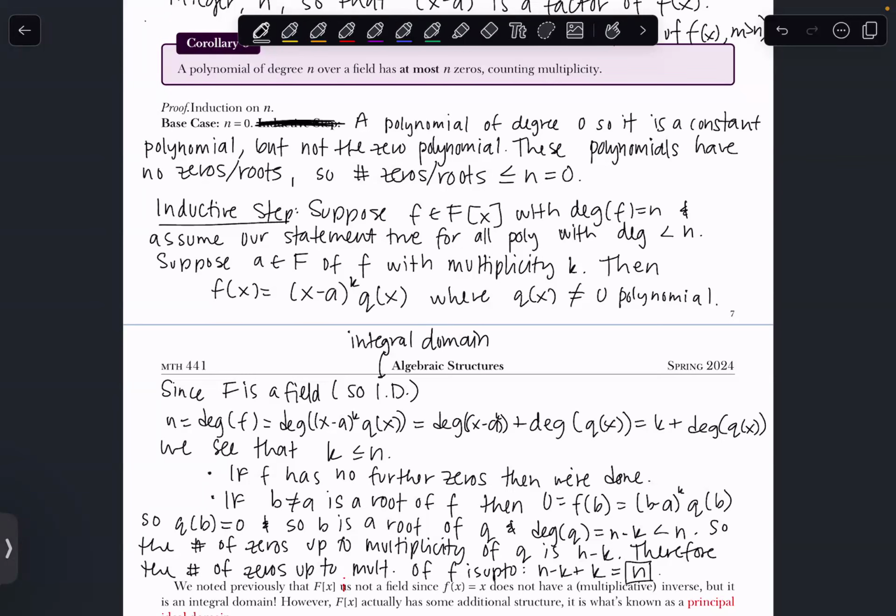So I actually have as many zeros as I have elements in my field. So really we exclude that polynomial because it works the most different from all the rest here. Plus, depending on how you think about the degree of your 0 polynomial, you might say it doesn't exist or it's negative infinity. And this is not going to work out in the same nice way as the rest of our polynomials.